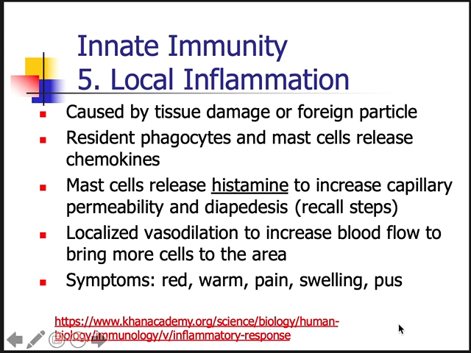So here's a link that you can watch to help also review inflammatory response. You may have been wondering, well, what's a mast cell? She never talked about that before. A mast cell is a cell filled with granules, which release histamine, and that increases vasodilation.